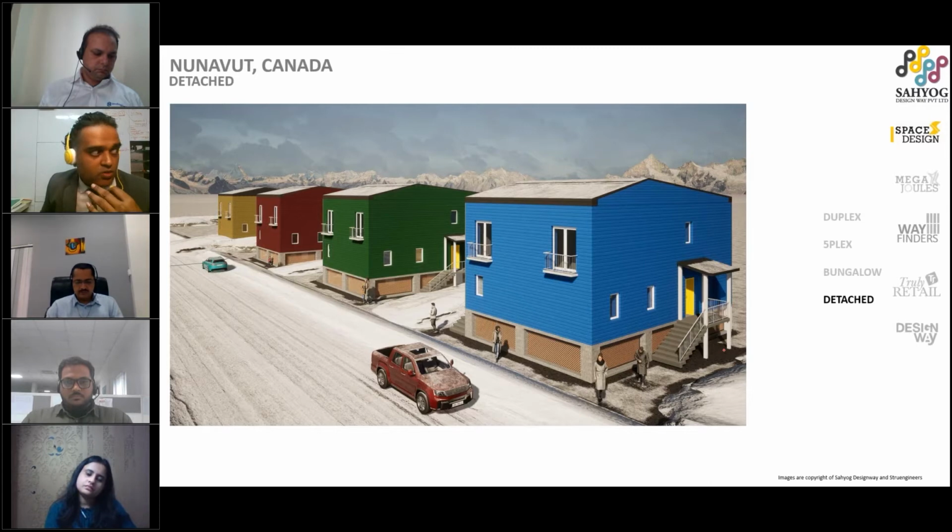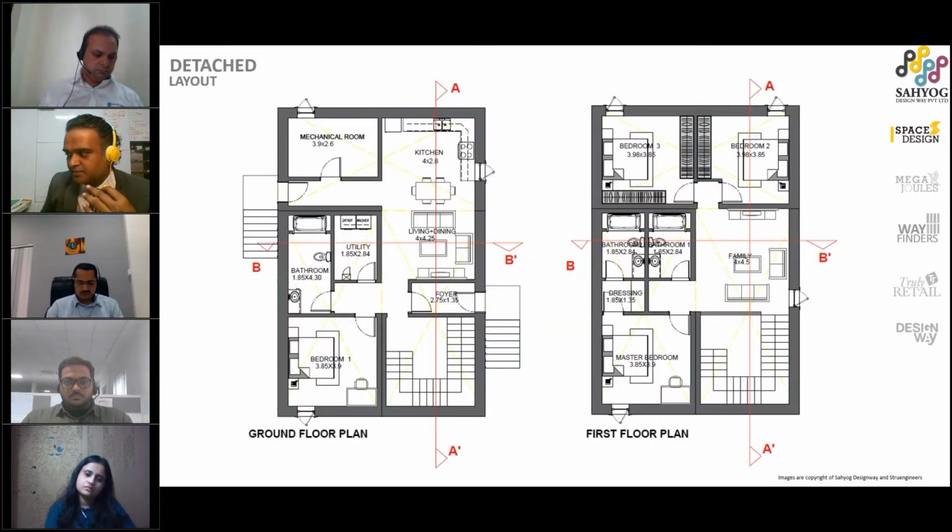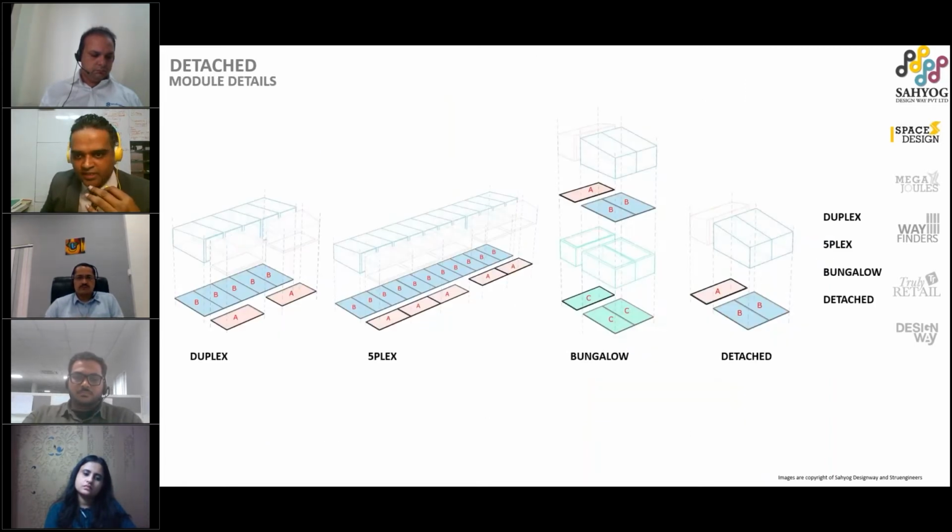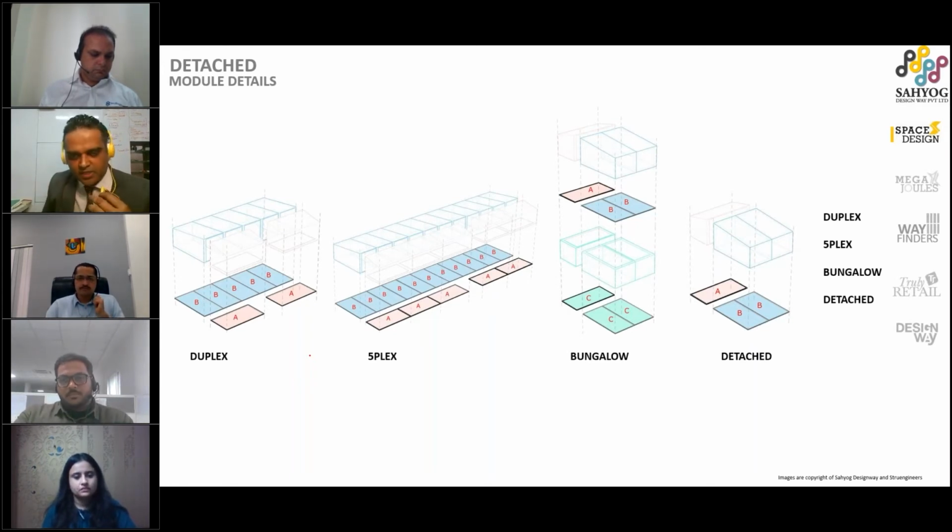Similarly, for the detached housing, this is also a G+1 building, and we have incorporated and detailed out this part of the building. This is how we used three modules and created a complete cluster with different typologies of building.